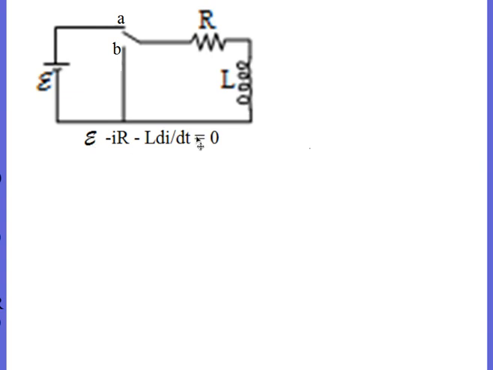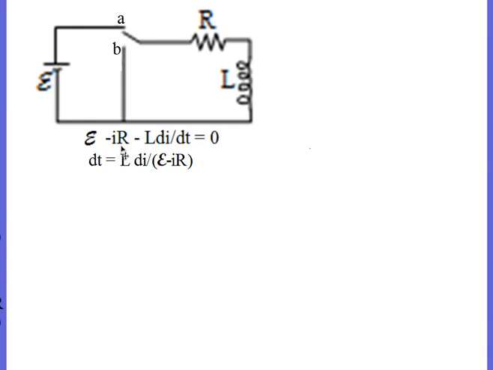Bingo. Okay, so you recognize this as a differential equation with I as the variable, and so what we need to do is to get all the I's, this I and this I, together. So I'll start by taking these two and dividing them into the equation.